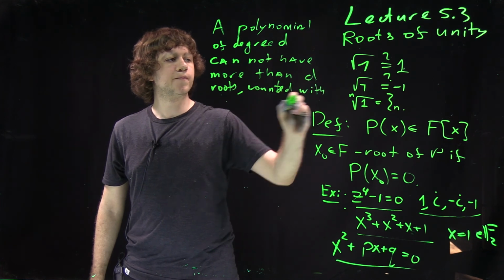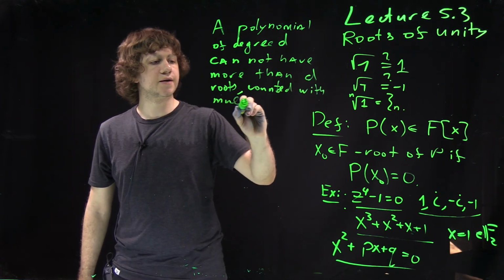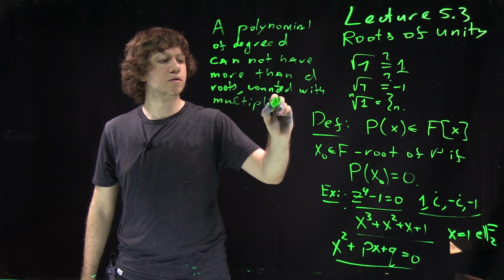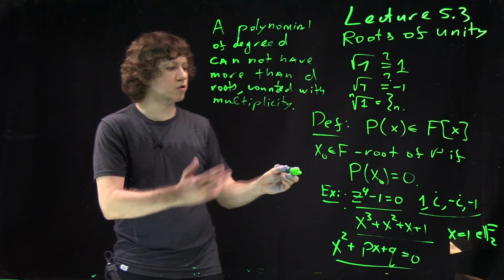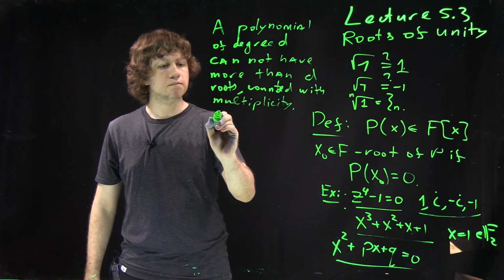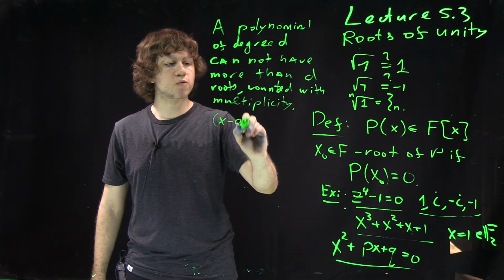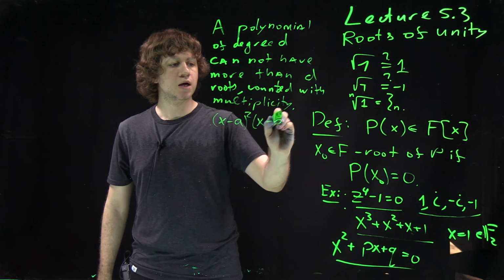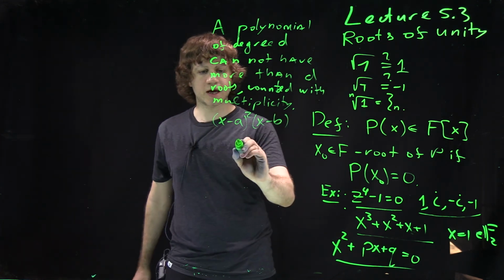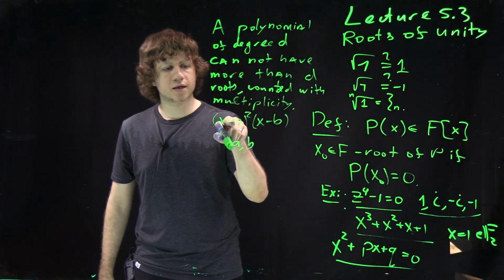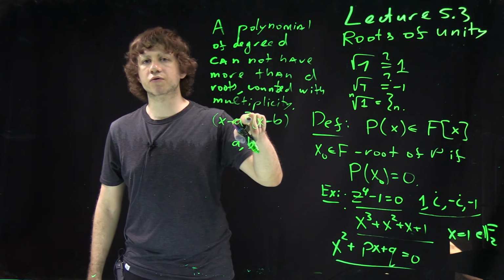So here is the idea. Imagine you have a polynomial like (x minus a) squared times (x minus b). Formally speaking, it has 2 roots, a and b. But you see that x minus a comes here in degree 2.